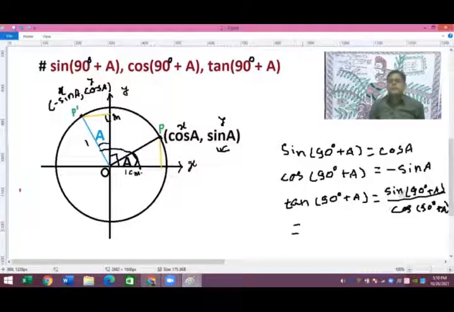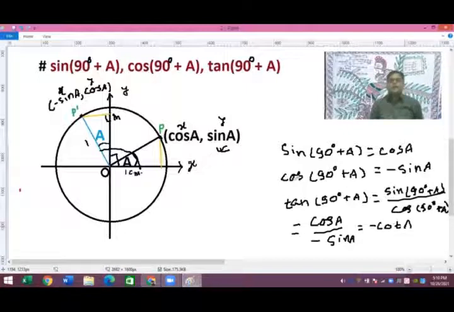And we have seen that sine 90 plus A is cos A, and cos 90 plus A is minus sine A. So it is minus cos A by sine A, so it is minus cot A.